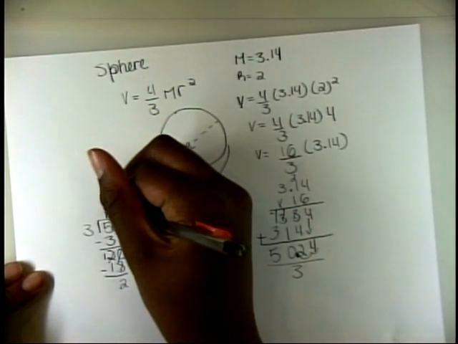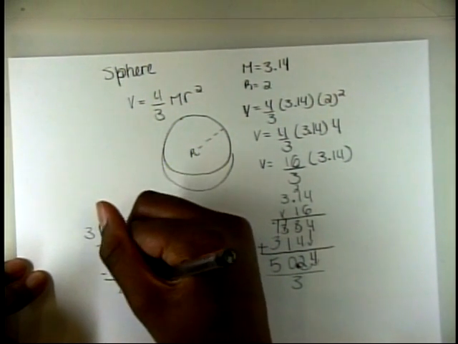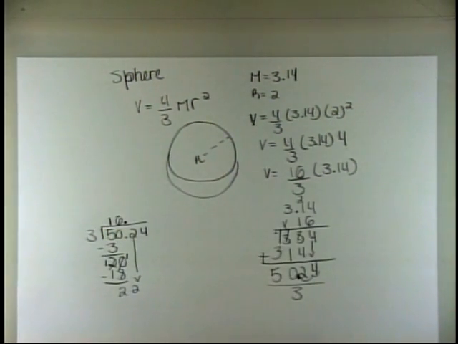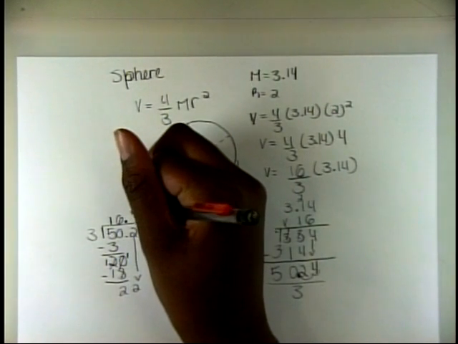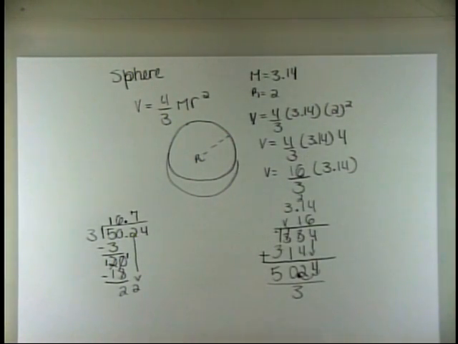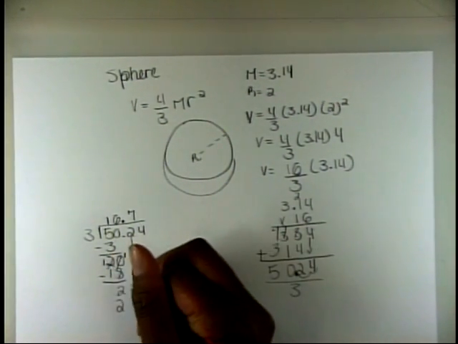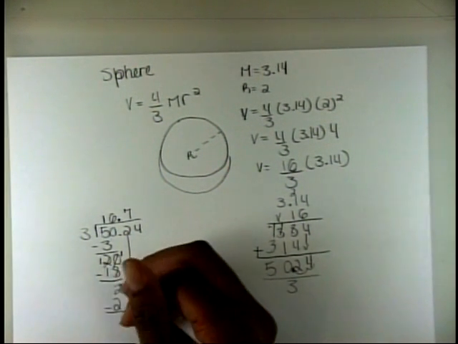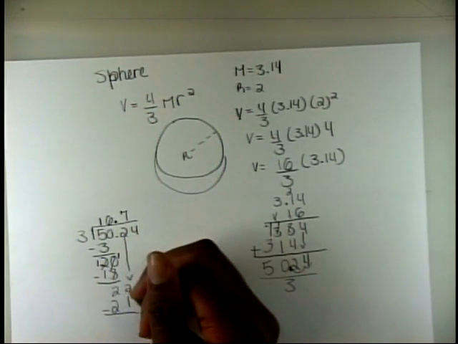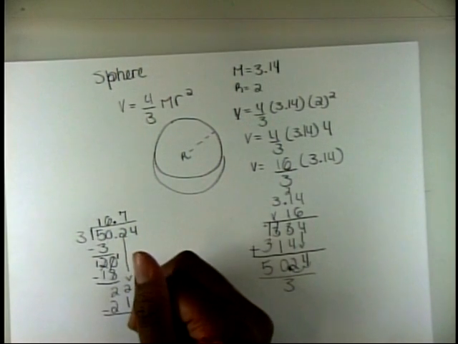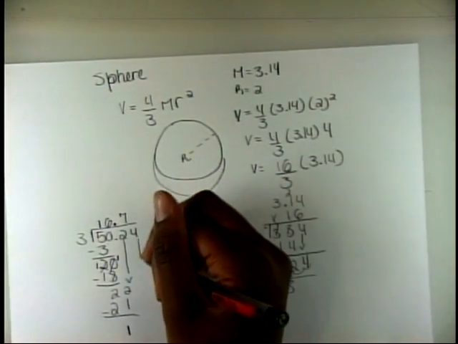Then you'll put your decimal at the top, you'll bring down your 2. Then you ask yourself again, what times 3 will give me 22? And you'll say 7, which is 7 times 3 will give you 21. The closest thing to 22. So 22 minus 21, you'll have 1. You'll bring down your 4.